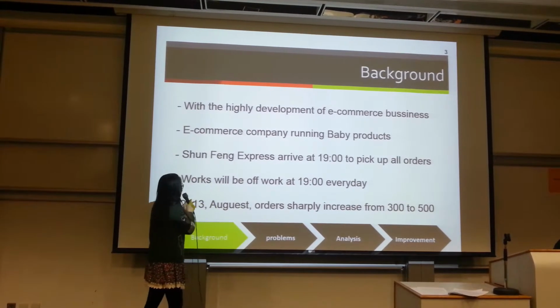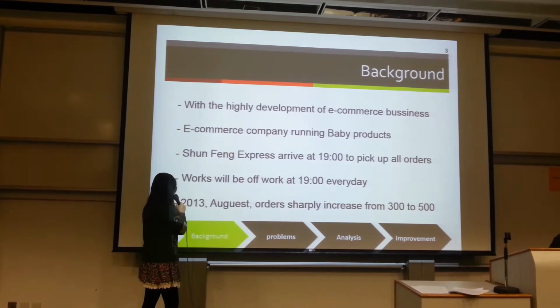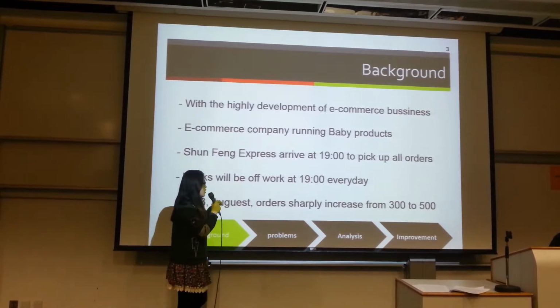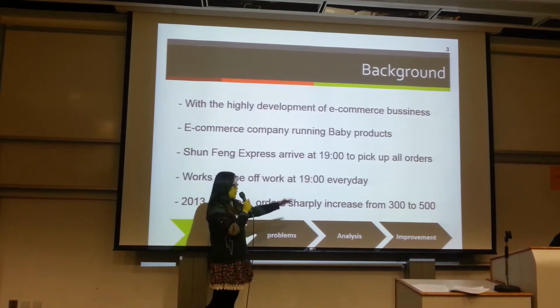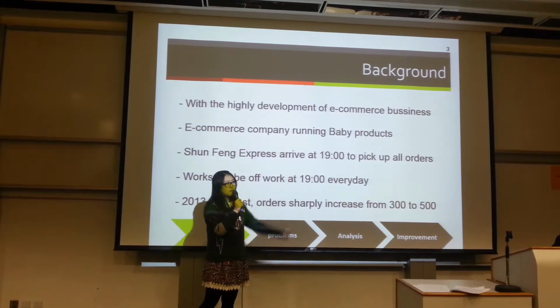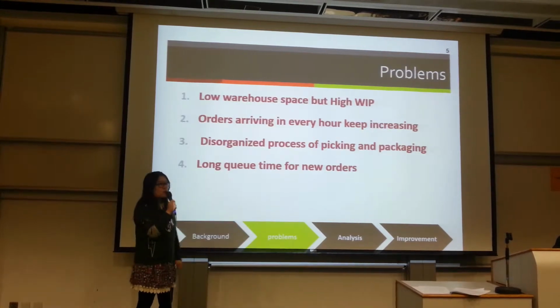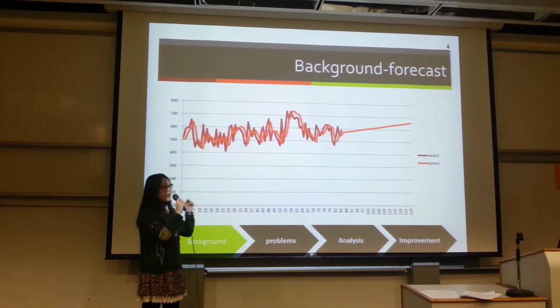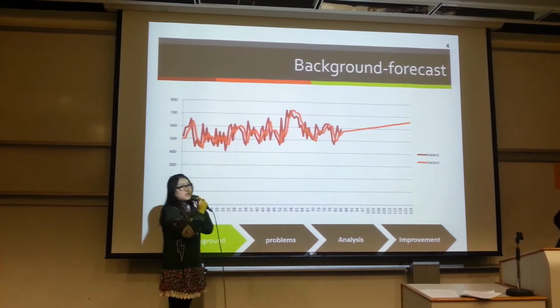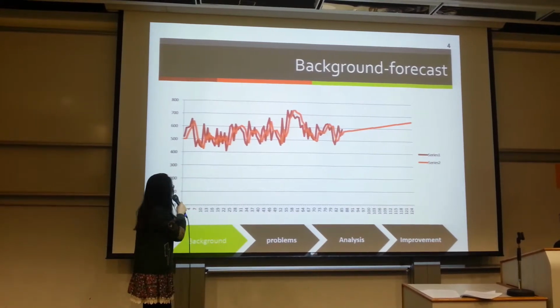The latest situation is August 2013. The orders will sharply increase from 300 to 500 products. So that's the whole situation of the background. After the background, we do the forecast. In this graph, we see 2 lines.